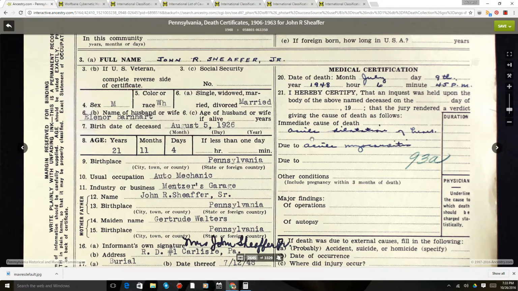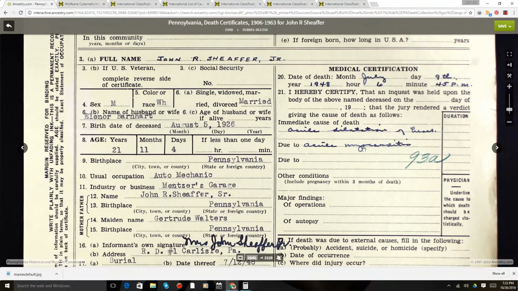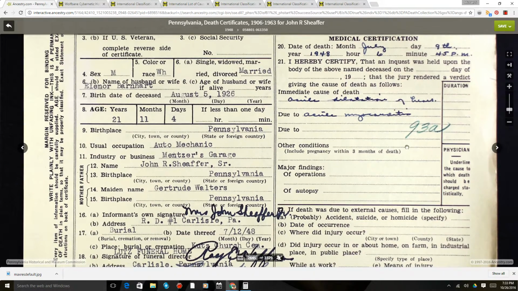So likely he died of some sort of onset of heart disease, and apparently it happened quickly. Or maybe he did have a heart defect and possibly didn't know it. But yeah, I'm glad we did that.